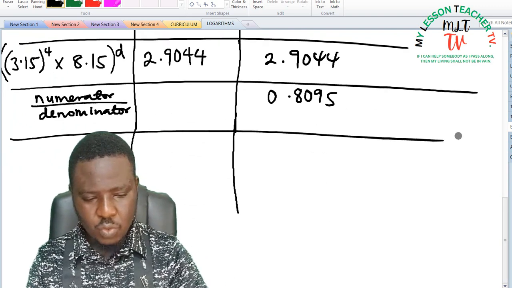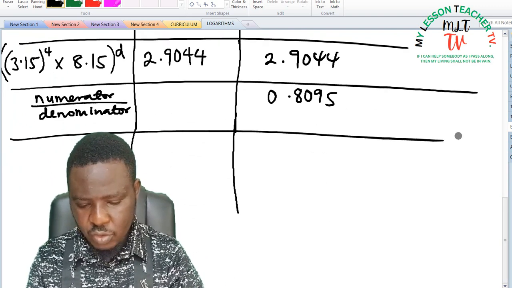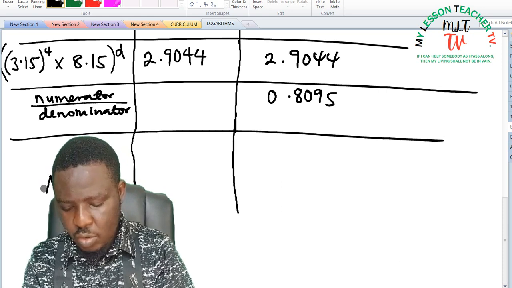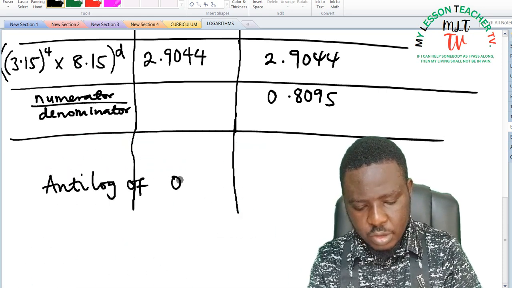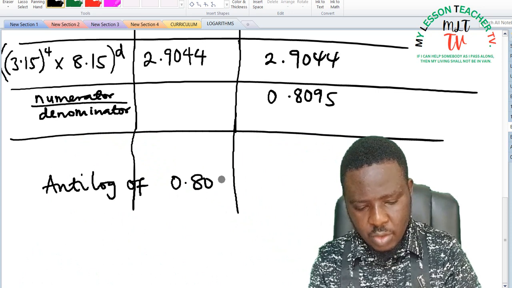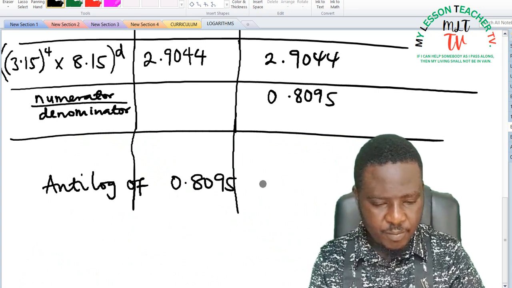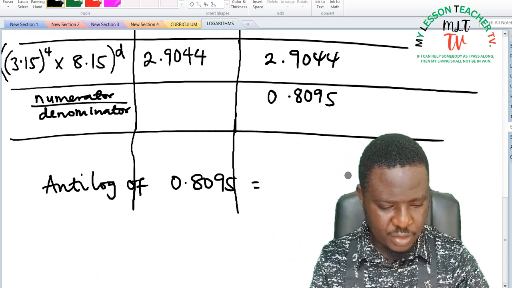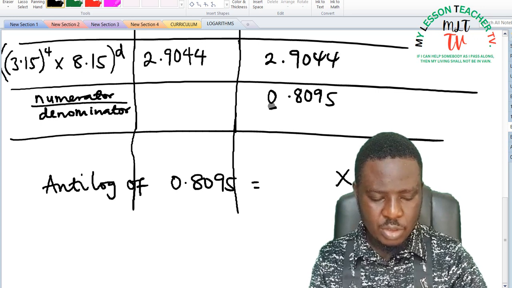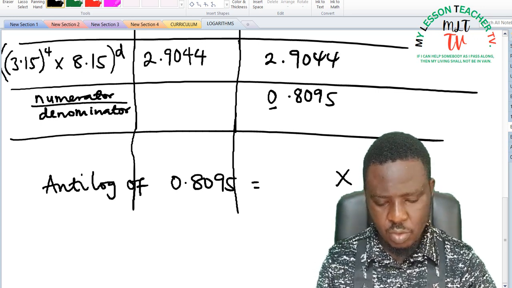So now that we have gotten the values, we then look for the anti-log. So the anti-log of 0.8095 will be equal to a given set of numbers times 10 to power 0, because the characteristic there is 0.